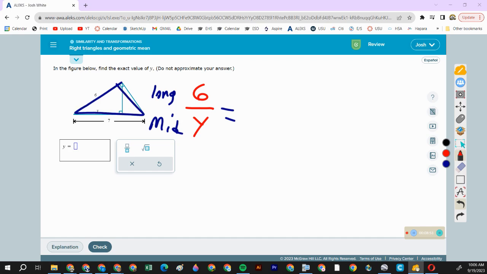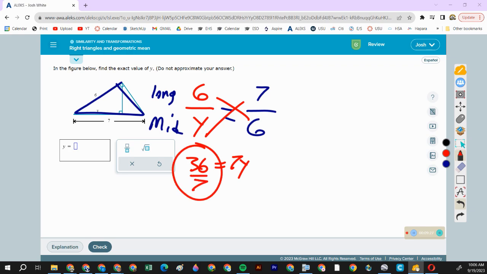What is the long side of the big triangle? 7. And what is the middle side of the big triangle? Would be 6. So we cross multiply. 36 equals 7y. So we just divide by 7, and the answer is 36 over 7.